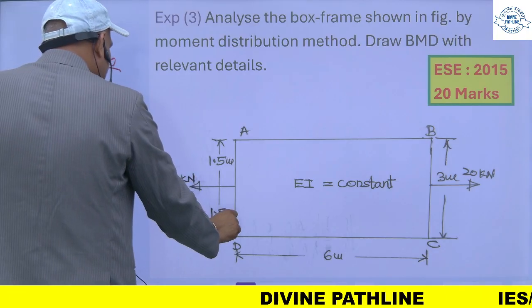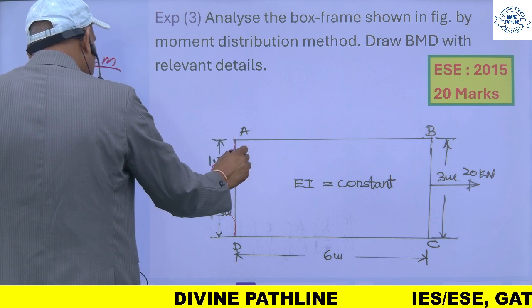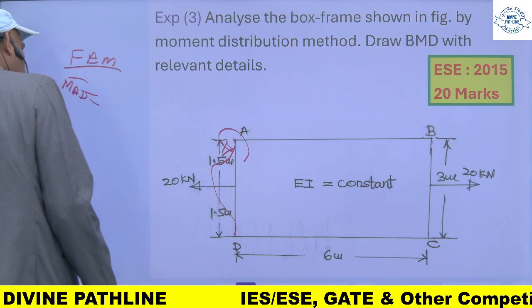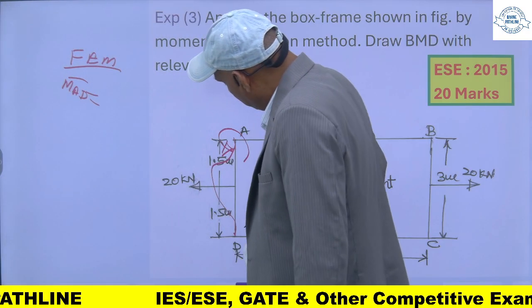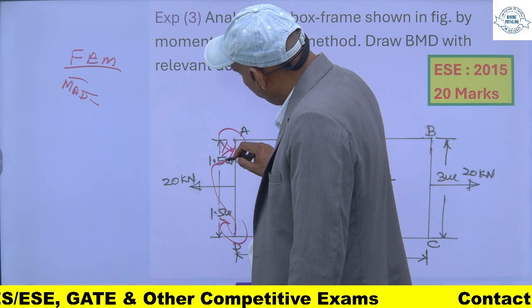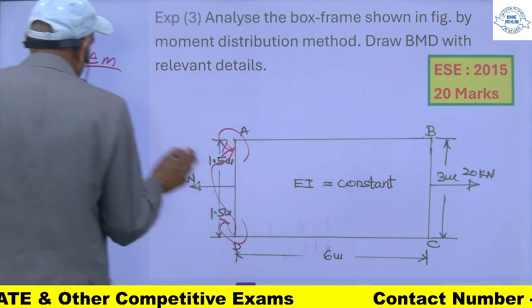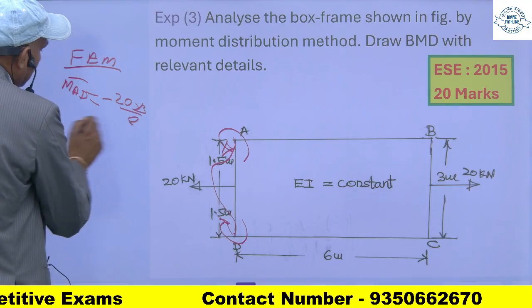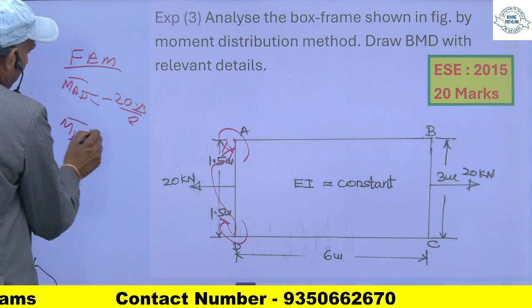So this will deflect like this. So this will be anti-clockwise, and this is clockwise. So this will be minus MAD, and value will be 2 into 3 by 8, and MDA will be plus.